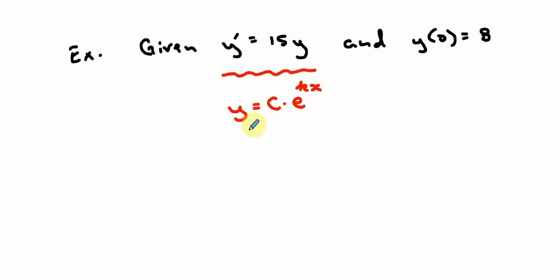So I know y prime is equal to some constant times the function itself. Without doing a lot of work, I immediately know that k is 15.